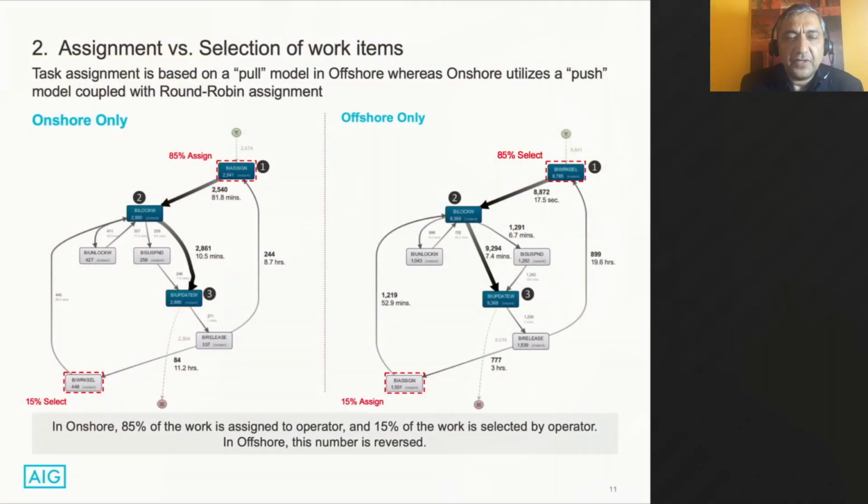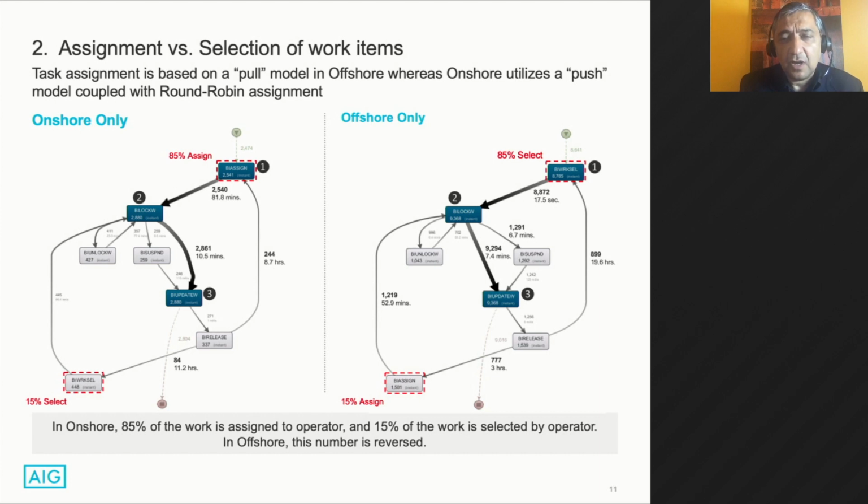Stuff goes into a basket, and from that point onwards, it gets assigned to the different processors. When we looked at the data through the process mining, we were able to see that, and we can also see the impact on the various time delays as a result of using a push model.